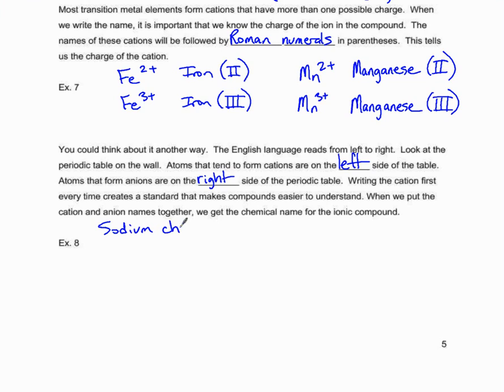So here is sodium chloride. Sodium is in group 1, chlorine is in group 17, and it forms a chloride ion. Calcium is in group 2, name doesn't change. When it combines with oxygen, it forms oxide, calcium oxide.